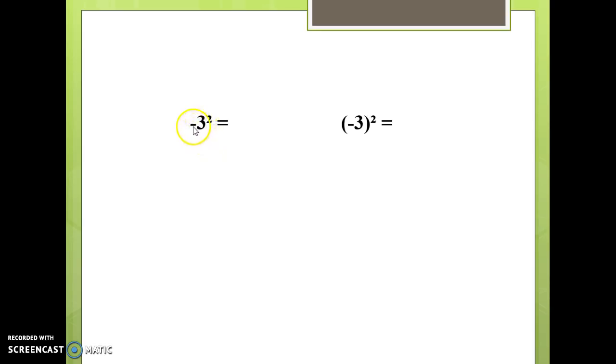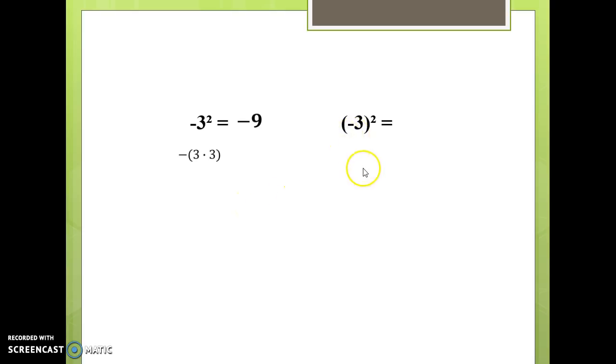Negative 3 squared. We have the square in this case applying only to 3. So in this case we have a negative, and then 3 squared, which is 3 times 3, which would give us 9, and then we have negative in front. So that's negative 9.